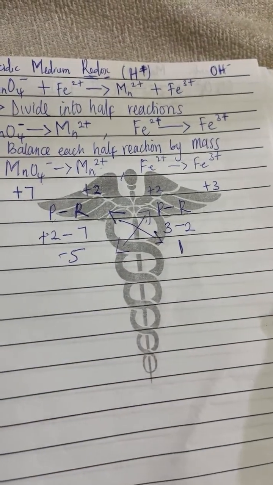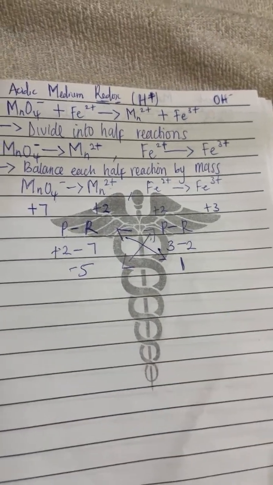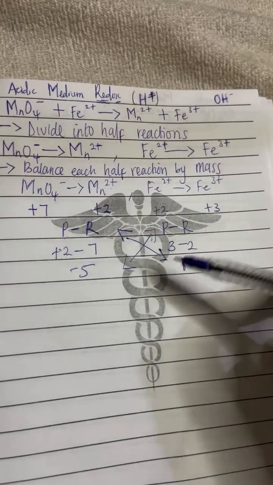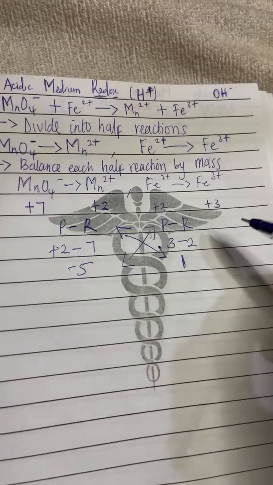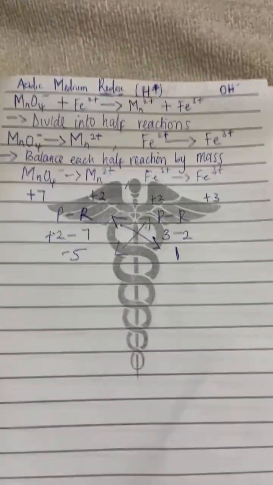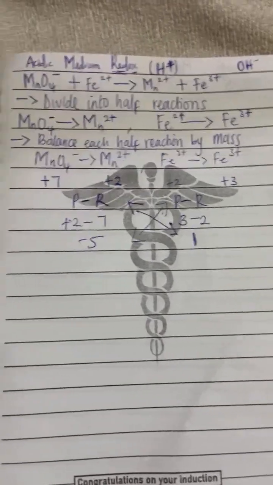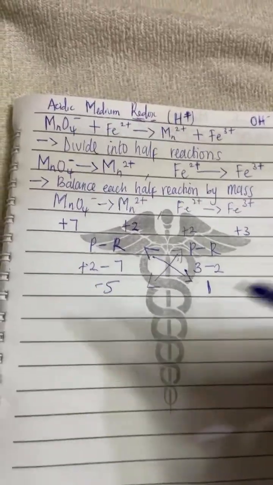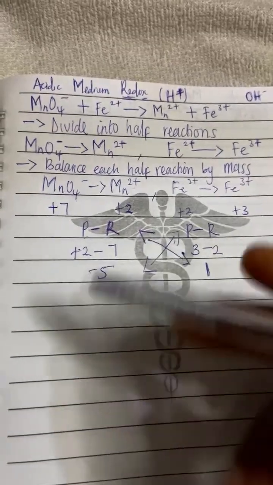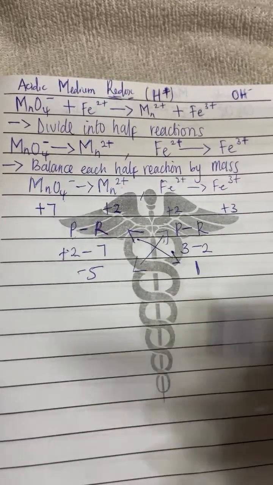You can even use balancing with electrons. That's also a very good method, but I like this one because it is very fast. If they give you a question on redox and you understand this method very well, it's going to be very fast for you to answer. It's because I'm teaching that I'm taking time. This thing does not take me more than 30 seconds or 25 seconds. I'm already done.